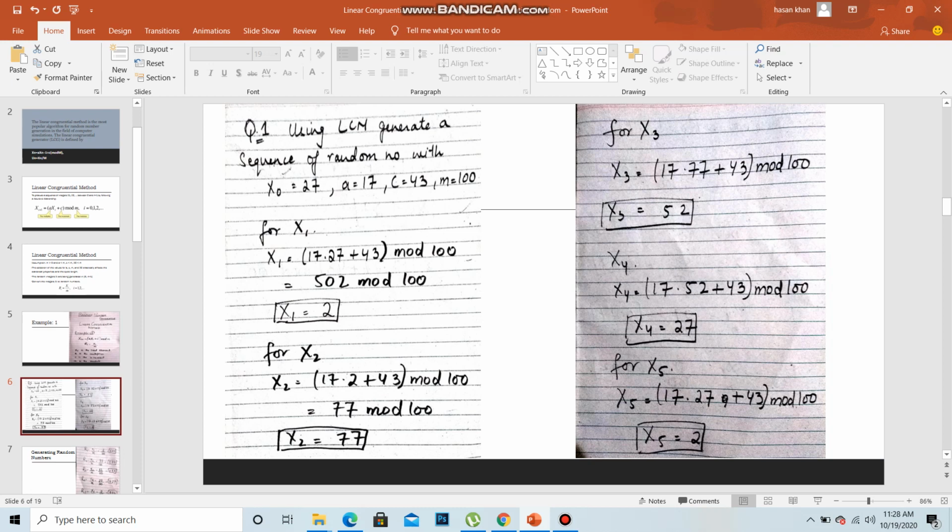That was 77, so (77 times 17 plus 43) mod 100, we got 52. That is x3. Now for x4 we repeat the same process, but this time the value will be that of x3, which is 52 as shown here, and then x5.